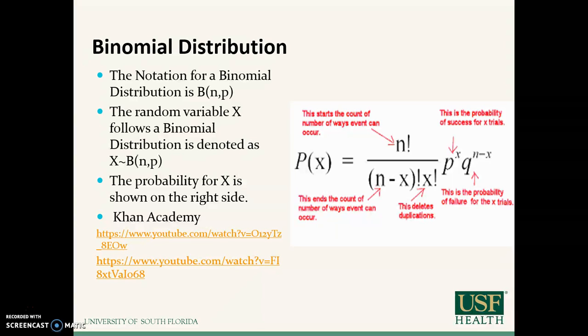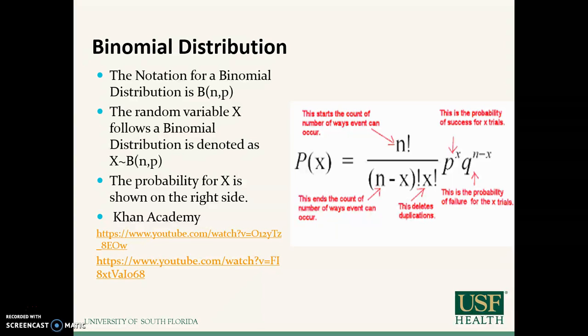Mathematically, we can use B(n, p) for the notation of a binomial distribution. So we can say the random variable X follows a binomial distribution is denoted as X tilde B(n, p). And the formula for the probability of x is shown on the right-hand side. So basically, P(x) equals n factorial divided by (n minus x) factorial times x factorial, times p to the power of x times q to the power of n minus x.